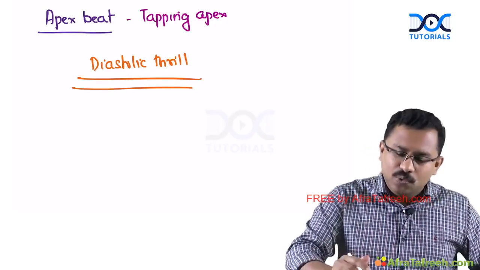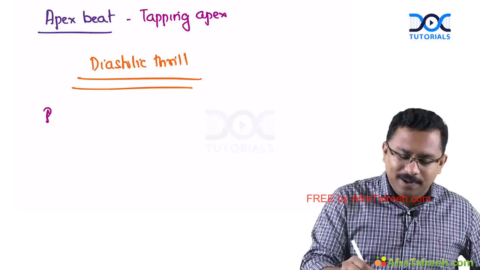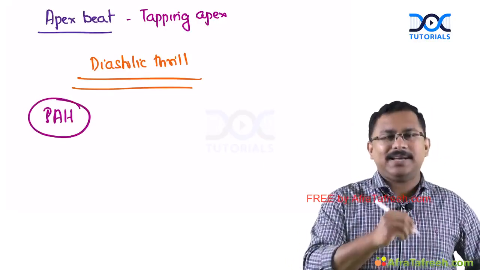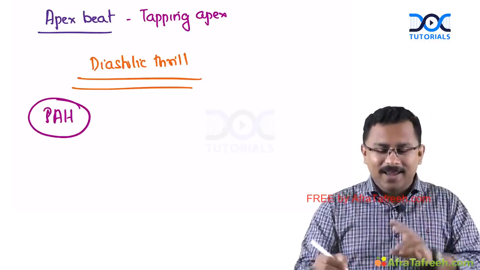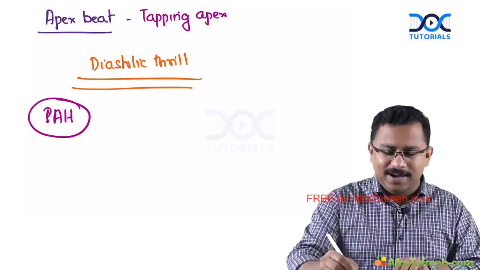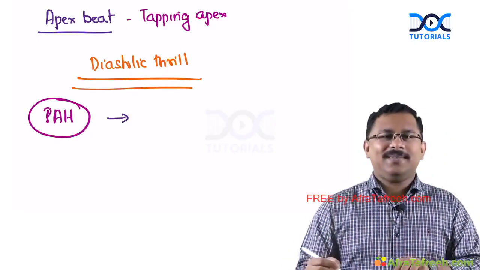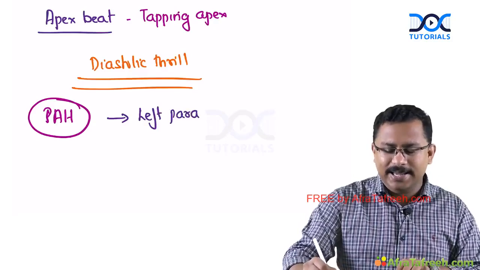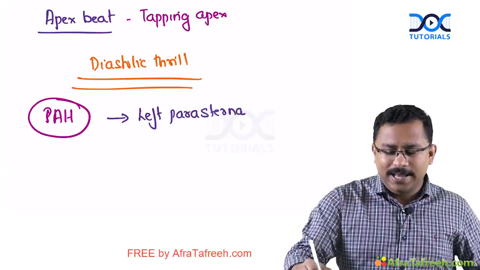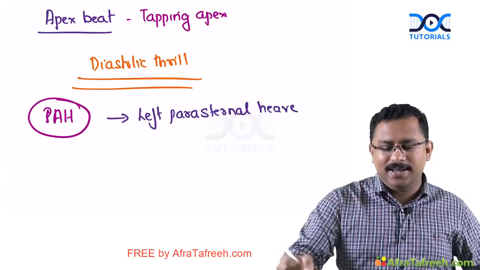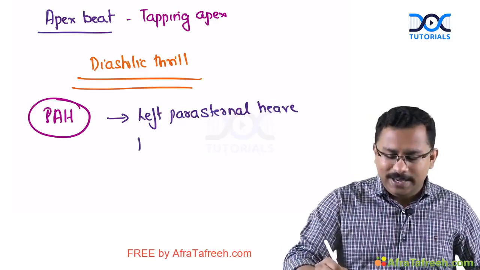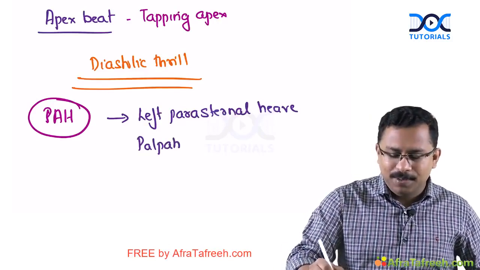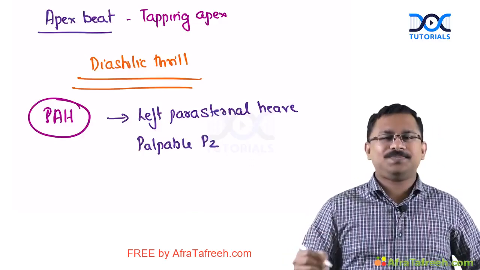In patients who go on to develop pulmonary arterial hypertension, two very important palpatory findings are, number one, a left parasternal heave, and also a palpable P2.